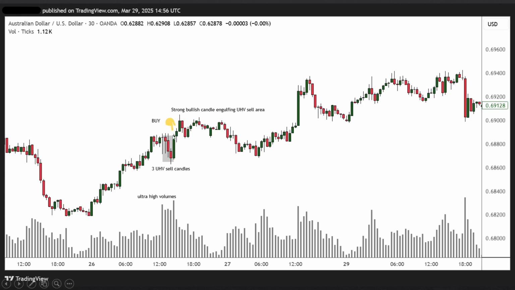Again, there's a bullish engulfing pattern actually covering the box of 3 bearish ultra high volume candles, so that is clearly a player operating here on the buy side. When they were operating on the buy side, these retail traders were selling and the players were buying, and suddenly the sellers were absorbed.